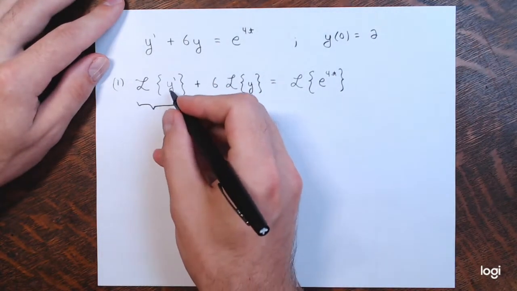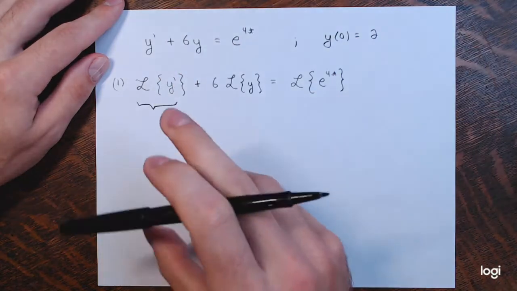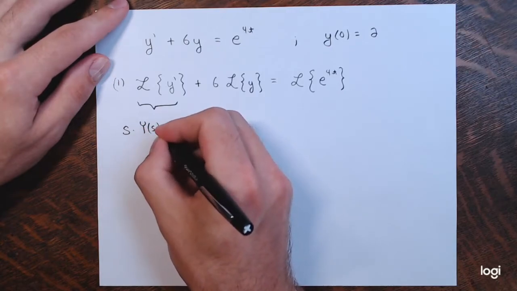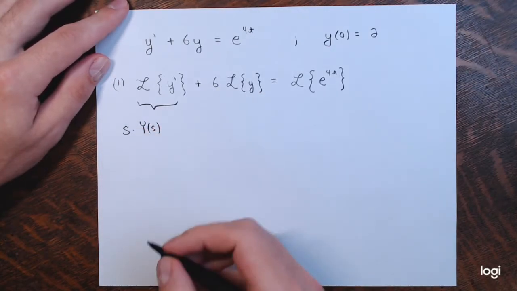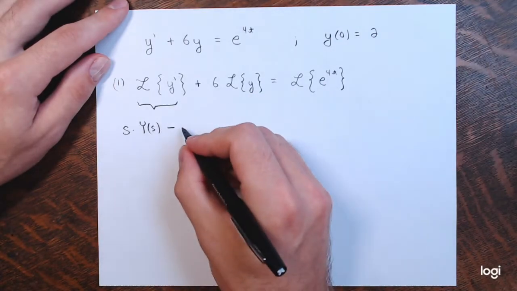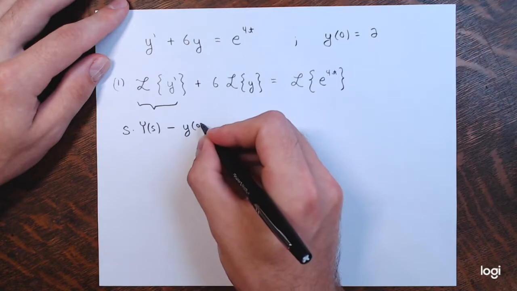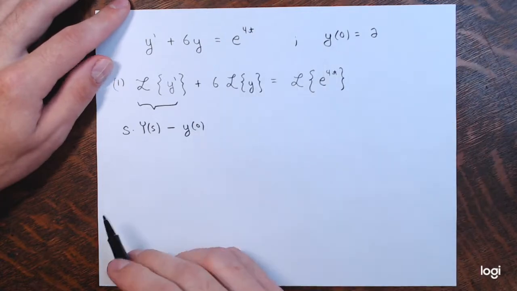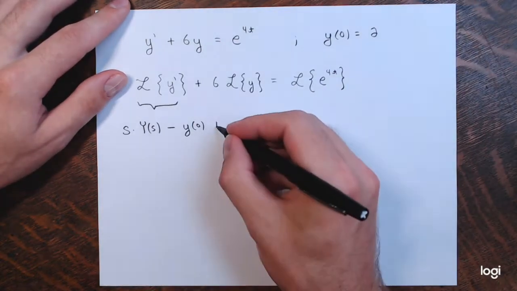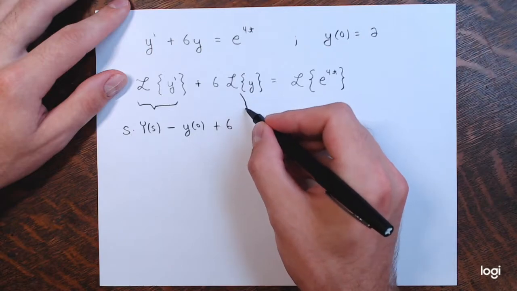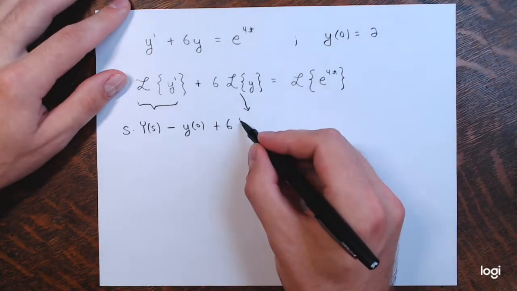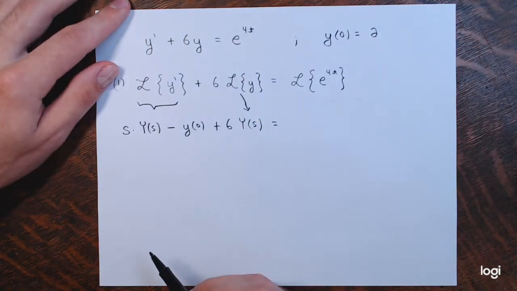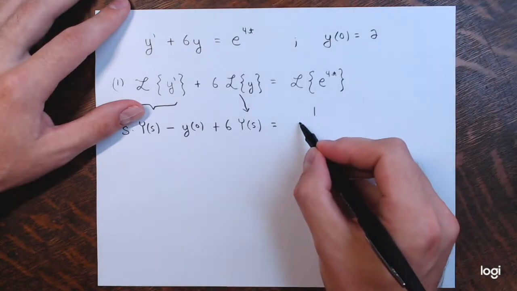The Laplace transform of the first derivative of y would just be s times the Laplace transform of y, which again I'm going to call capital Y of s, minus s to the 0 times little y evaluated at 0, which I'm going to get from the initial condition here. Plus 6 times the Laplace transform of y, which I am calling capital Y of s, and then the Laplace transform of e to the 4t is 1 over s minus 4.